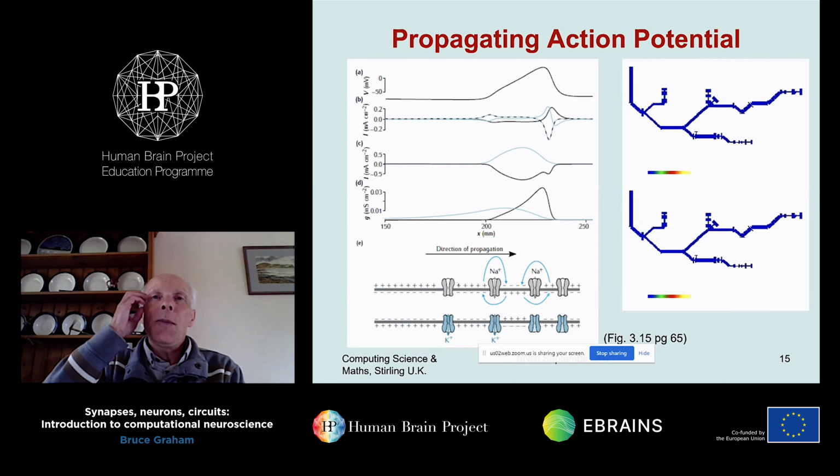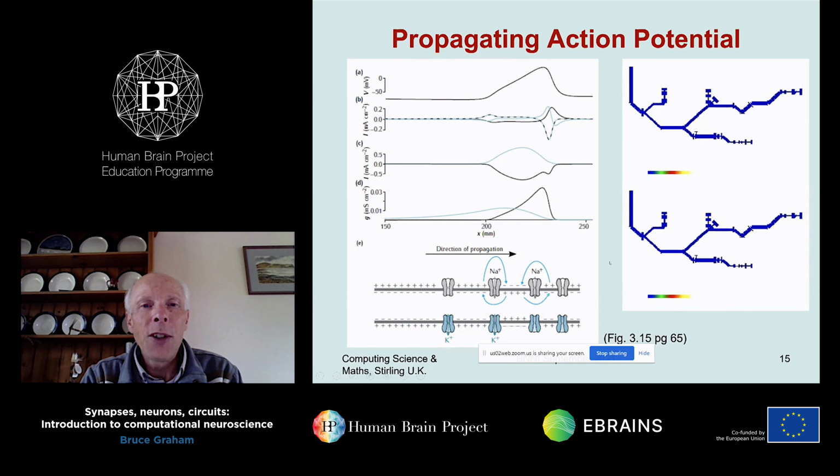But what we can do, given a model of action potential generation, is also develop models and simulations of situations which are very hard to treat experimentally. And so one thing is to look at action potential propagation along axons. So you should hopefully see some pretty colors on the left-hand side there.